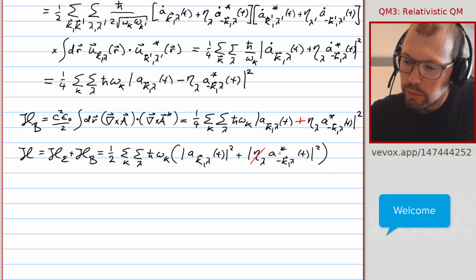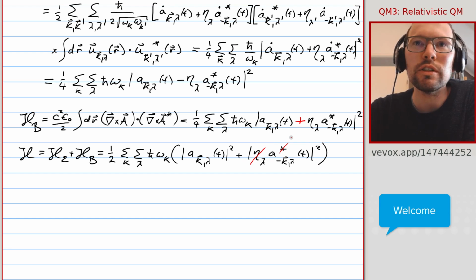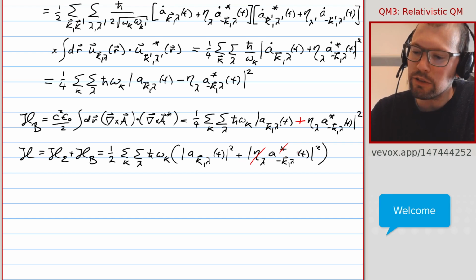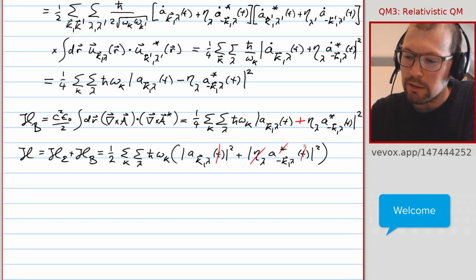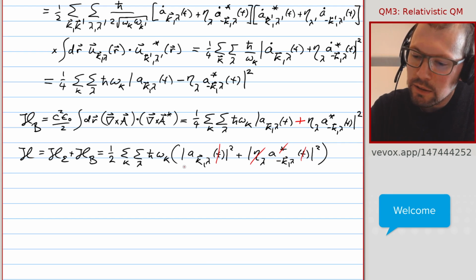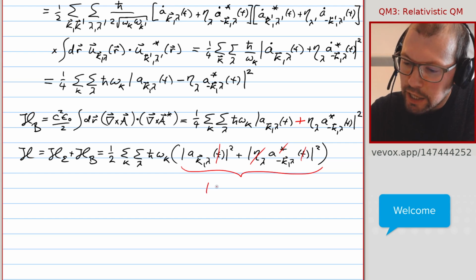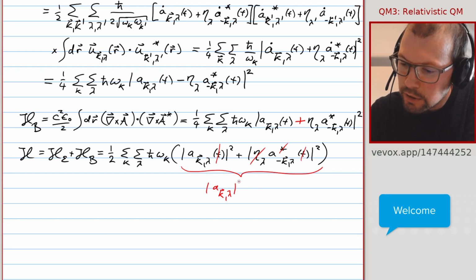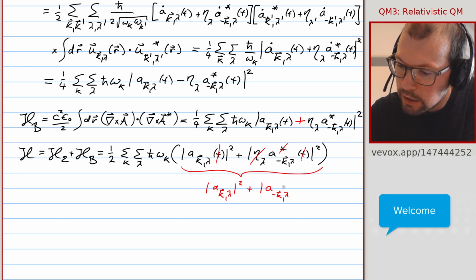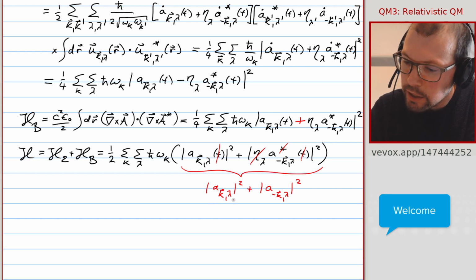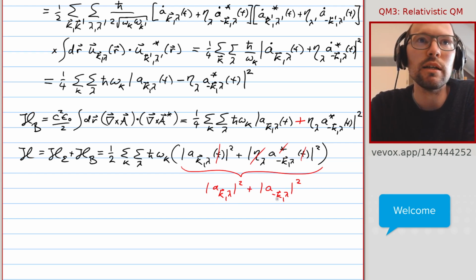I can also drop the complex conjugate in the absolute value signs. And for that matter, I can also drop the time dependence, since that is just a phase. So here we really have the absolute value of a k lambda and a minus k lambda squared.